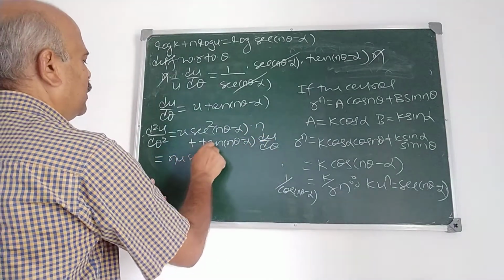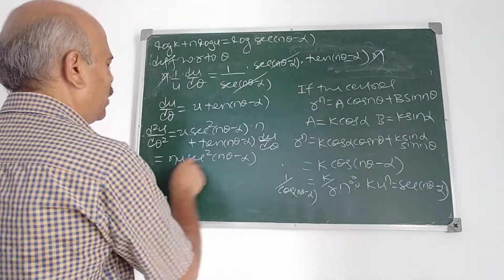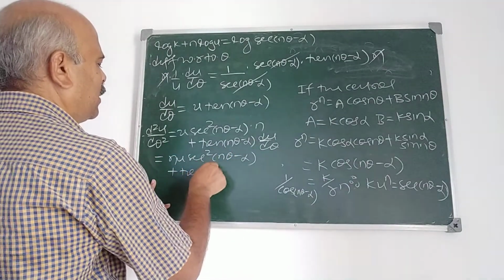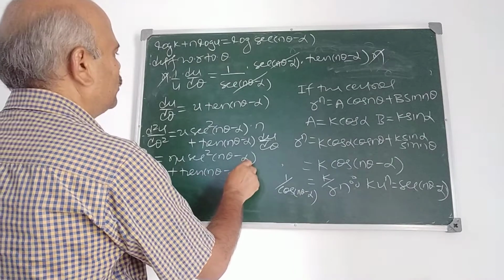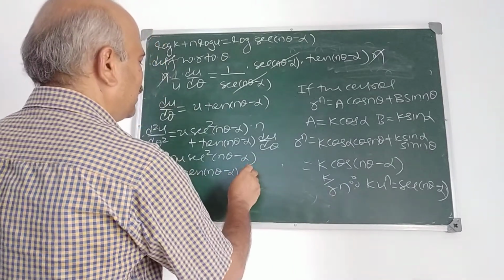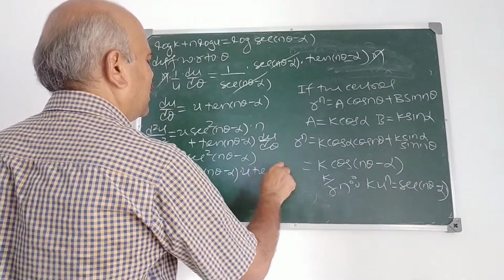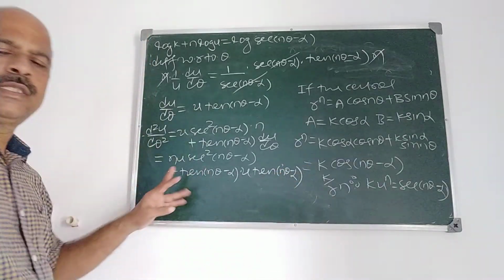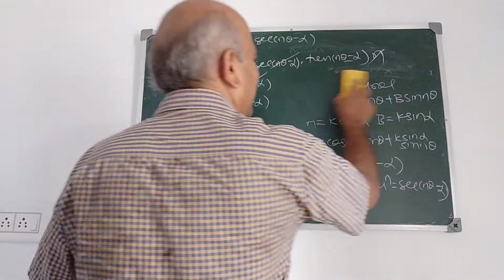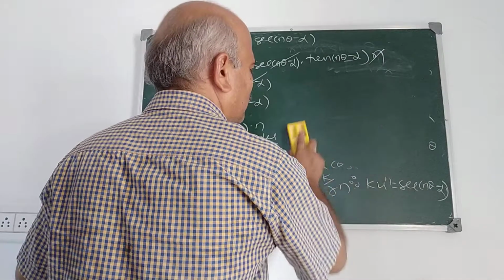That is nu secant square n theta minus alpha plus tan of n theta minus alpha. What is du by d theta? du by d theta is u tan n theta minus alpha. This is d2u by d theta square.